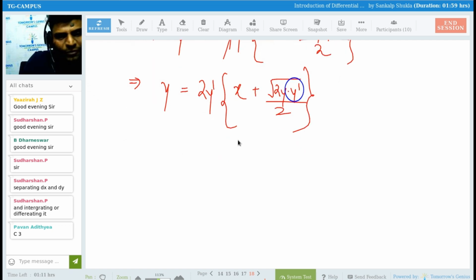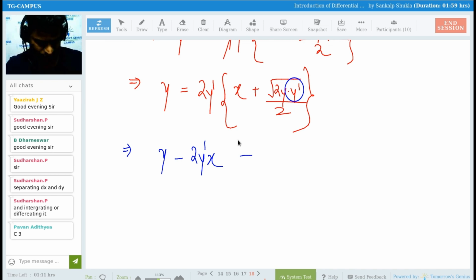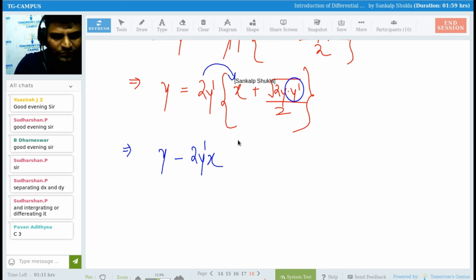So we can remove this like y minus 2y dash x, and this will become, see, what you are supposed to do is just multiply this and multiply this.